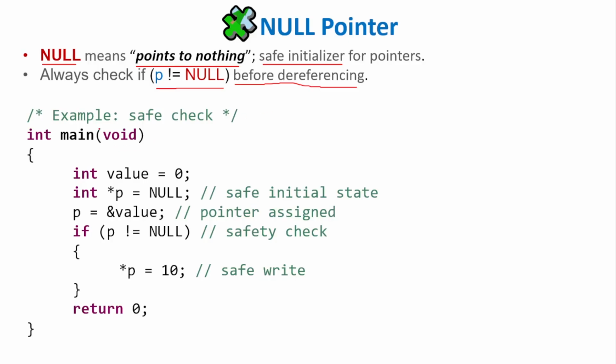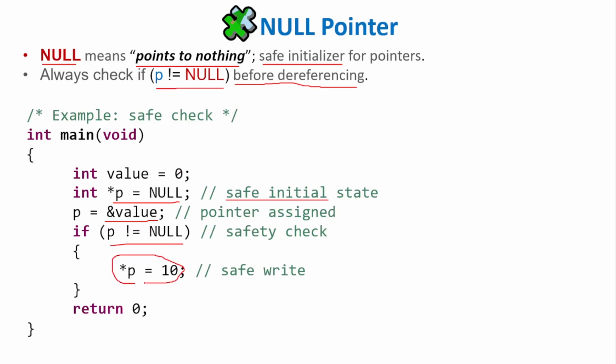Please see the example. In this example, the pointer is first initialized to null, which represents a safe and known state. Later, the pointer is assigned the address of a valid variable. Before using the pointer, the program checks whether it is not null, and only then writes a value through it.